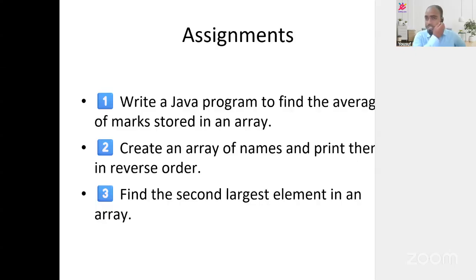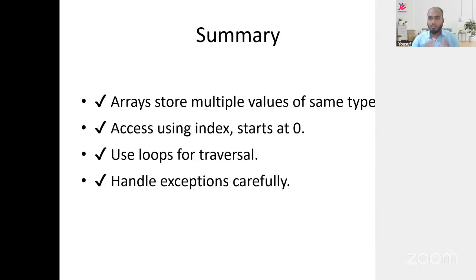And these are all the assignments. Try to find the average marks, and take a string array and print the names in reverse order, and also find the second maximum element.